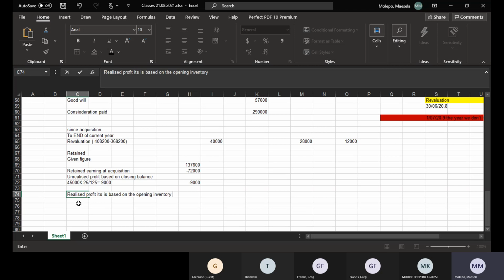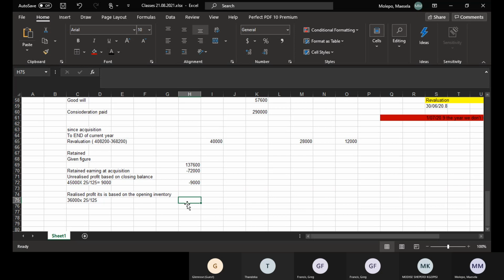The opening inventory of A Limited was shown as 36,000 from adjustment number 4. So it's 36,000 multiplied by 25 divided by 125. Because it's now realized, it needs to be added back. So we add it back as 7,200.